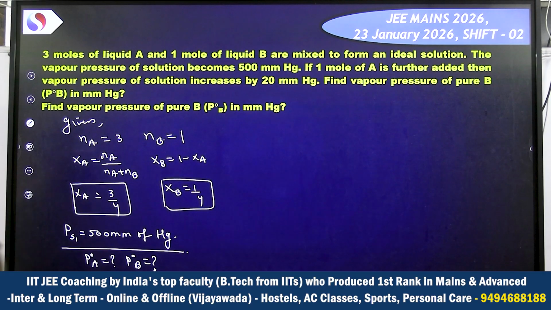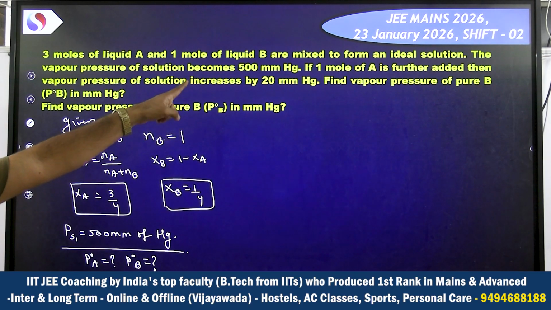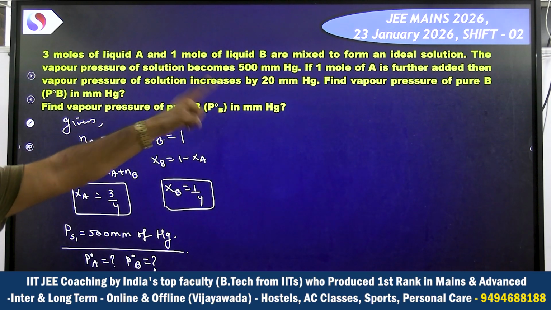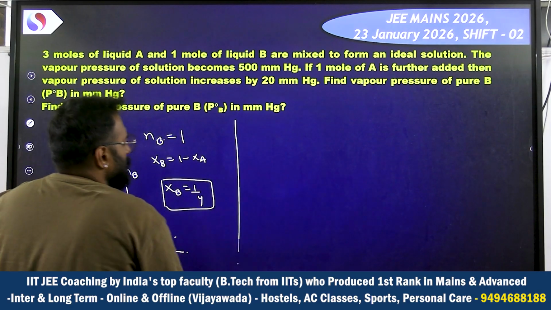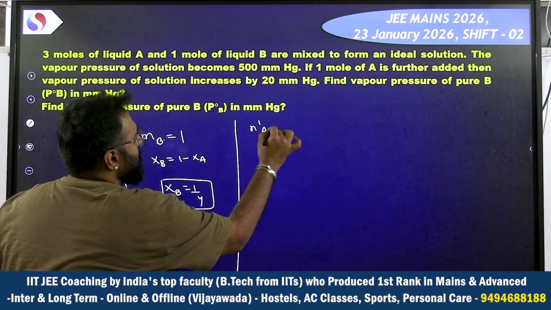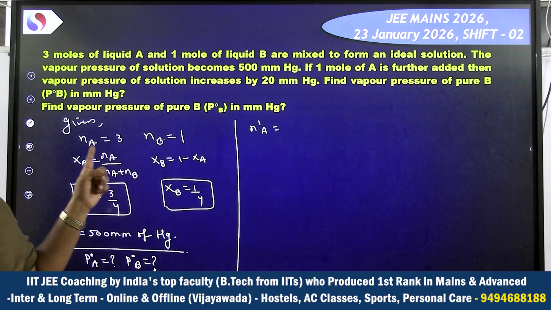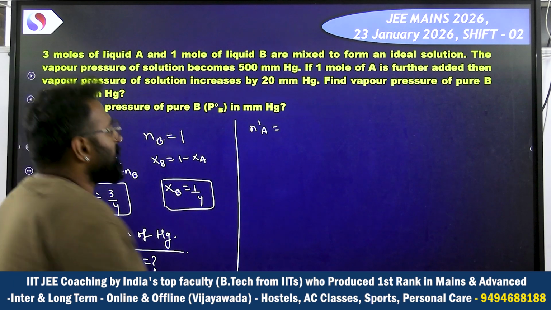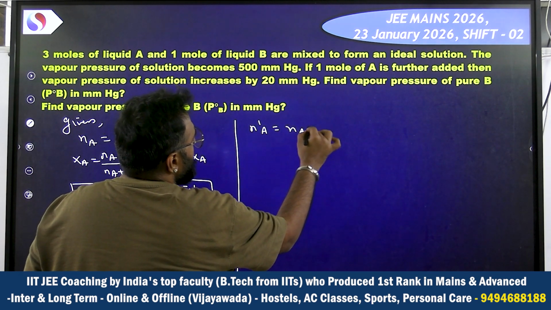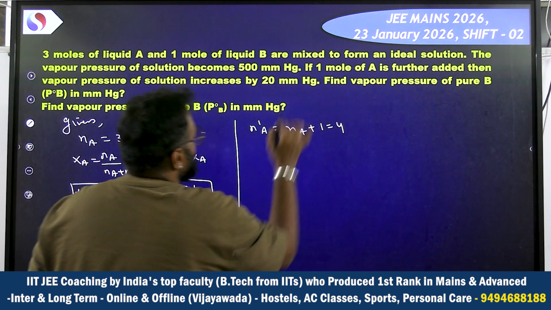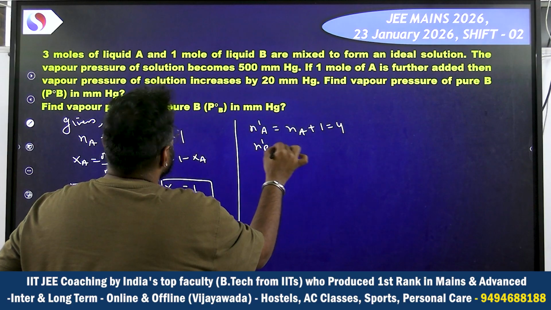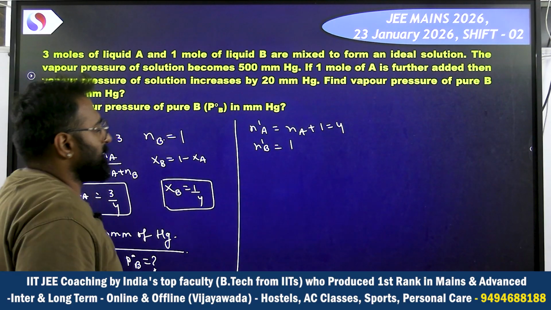In the second case, if 1 mole of A is further added, so let us say n dash A will be, initially 3 moles were there and 1 more mole is added, so nA plus 1, that is 4 moles, and n dash B will be the same, only 1.